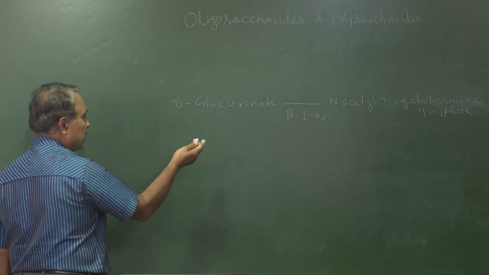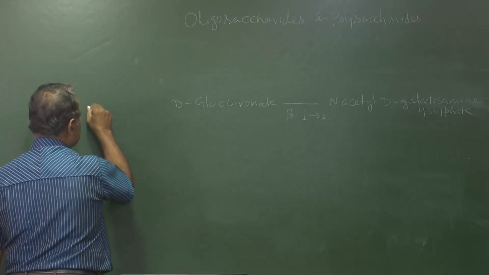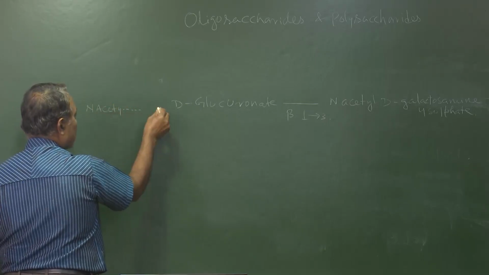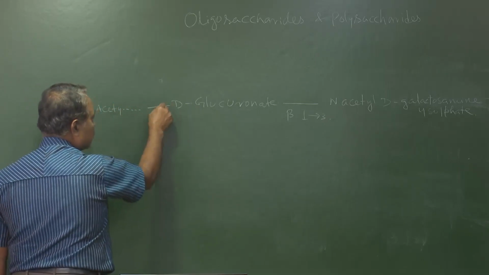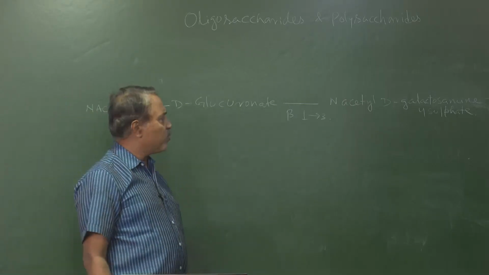Now you can imagine that there will be another N-acetyl D-galactosamine 4-sulfate. So this linkage will not be the same as the beta 1,3. That will be beta 1,4.